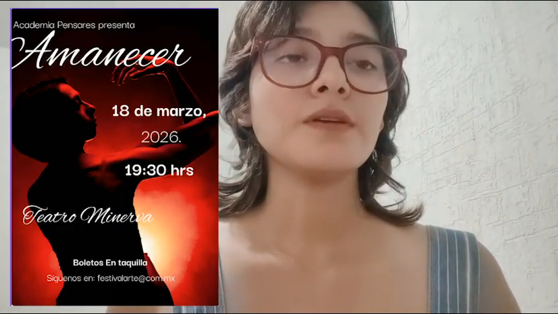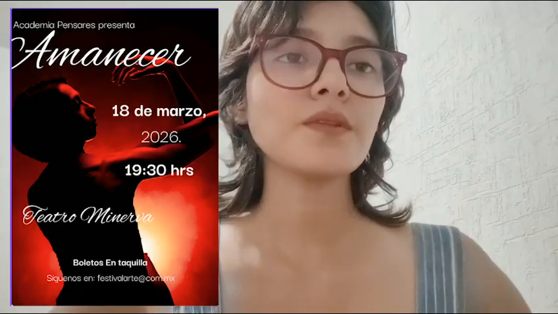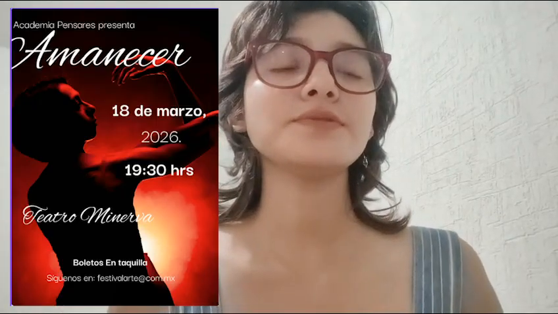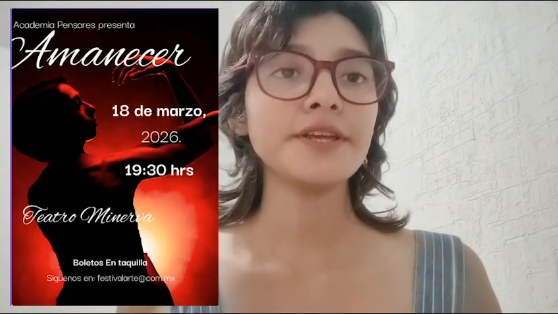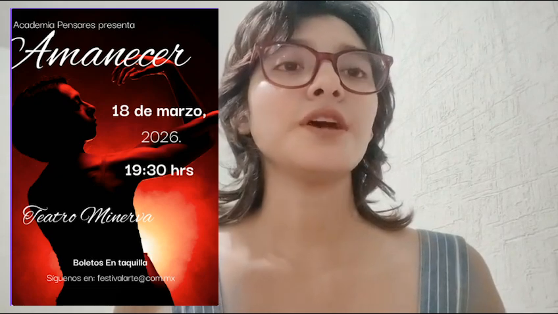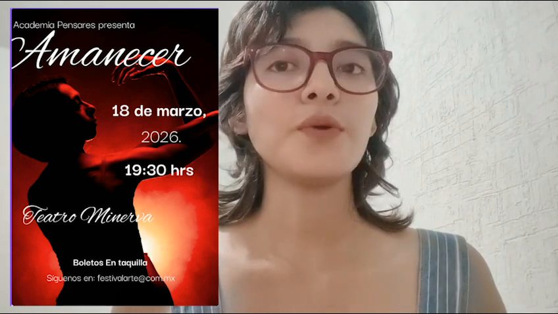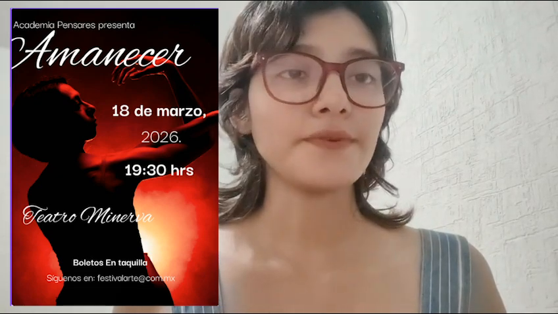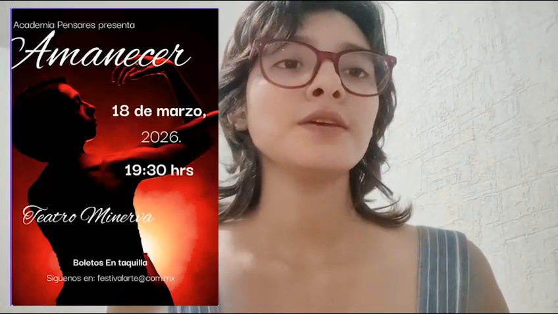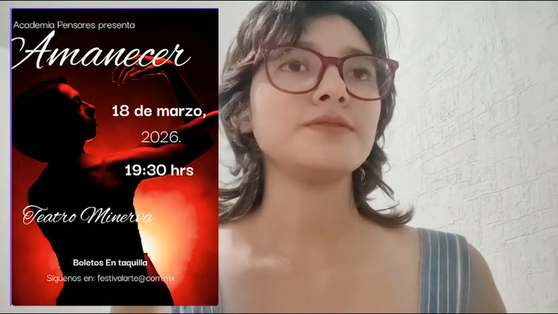Also, in this poster I have a hierarchy where the title of the show is perceived first. It's on the top and on the left side, so the people can read it in that way.